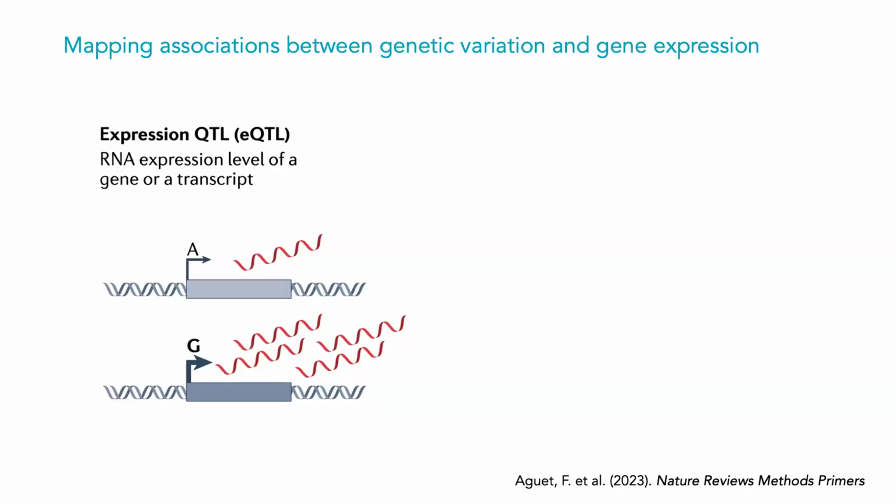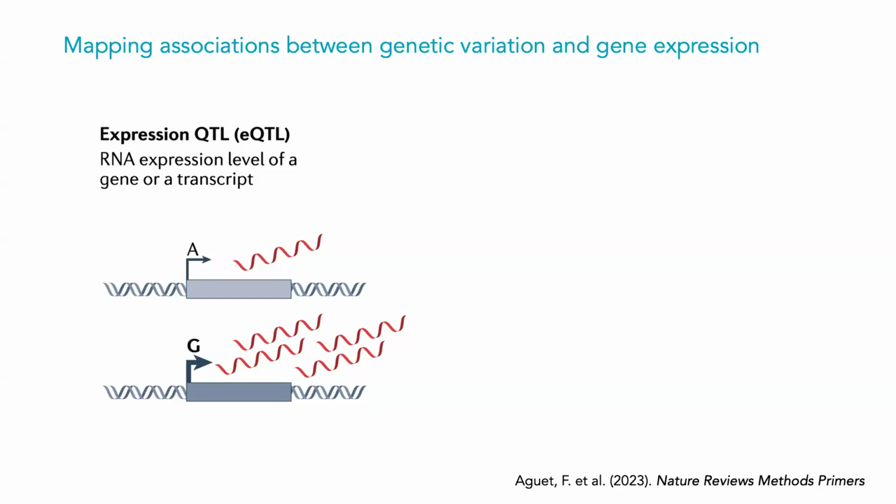Okay, so starting with this question, one way that we can get at the impacts of genetic variation on gene expression is to perform association mapping. In the case of these molecular phenotypes, we just operationally limit ourselves to a window around the transcription start site.